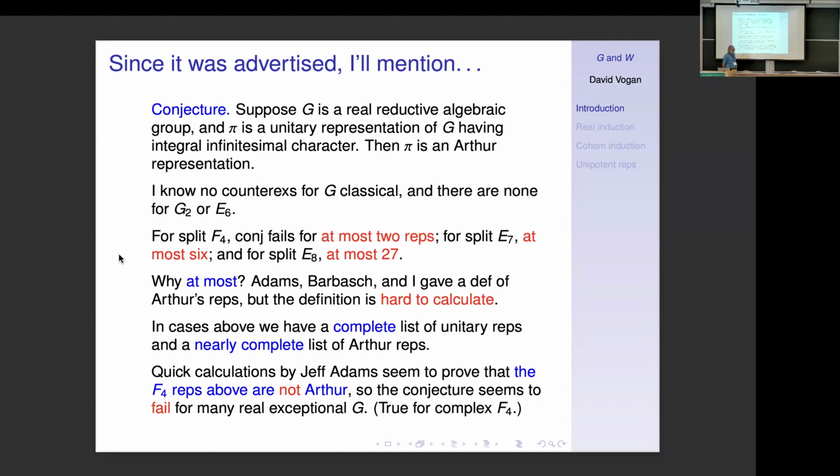So if Jeff's quick and dirty calculations were correct, that proves that the conjecture fails for F4, and in fact for split E7 and split E8. I did check complex F4, and the conjecture is true.